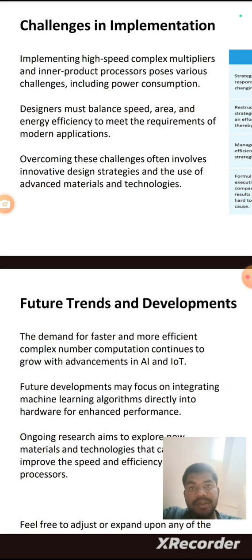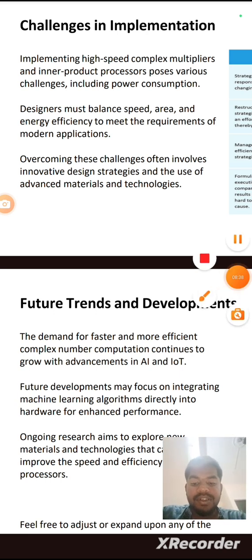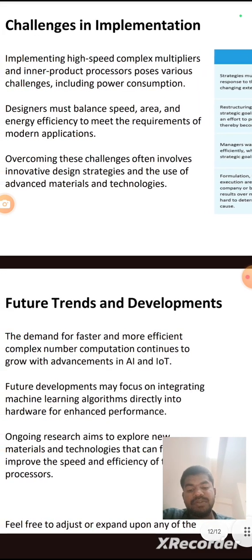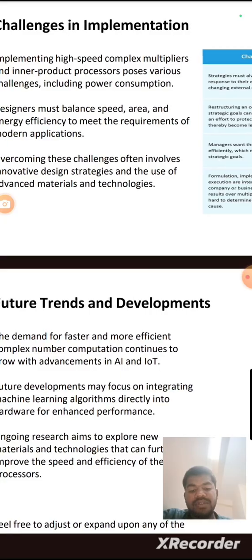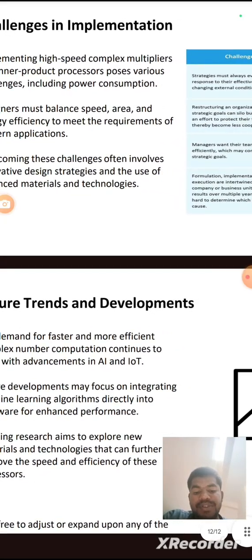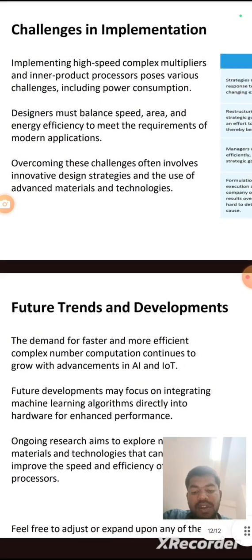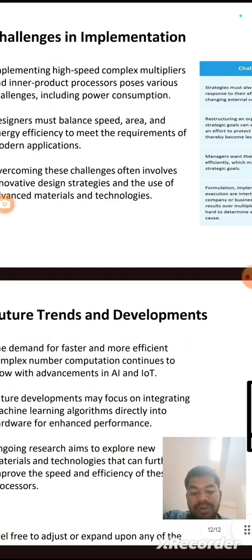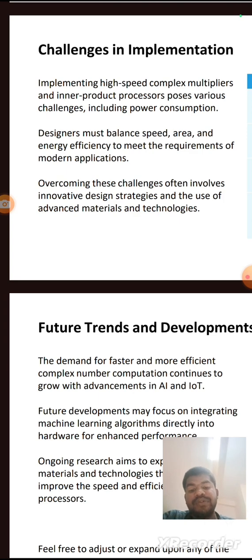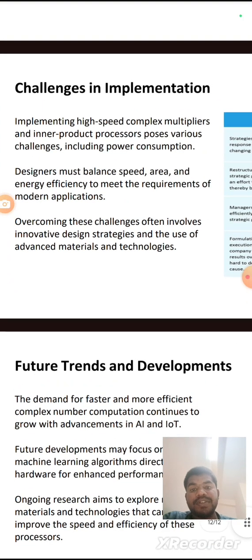Future development may focus on integrating machine learning algorithms directly into hardware for enhanced performance. Ongoing research aims to explore materials and technologies that further improve the speed and efficiency of these processes. And these are the future trends and developments.